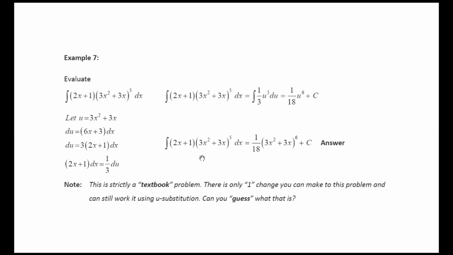Now, if I change a couple of things, that's different. But if I just change one thing, if I change that 2 to something other than a 2, it won't work. If I make this a minus, it won't work. If I make this something other than 1, it won't work. If I make this something other than 3, it won't work. If this is something other than x squared, it won't work. If this is other than plus, it won't work. If this is other than 3, it won't work.